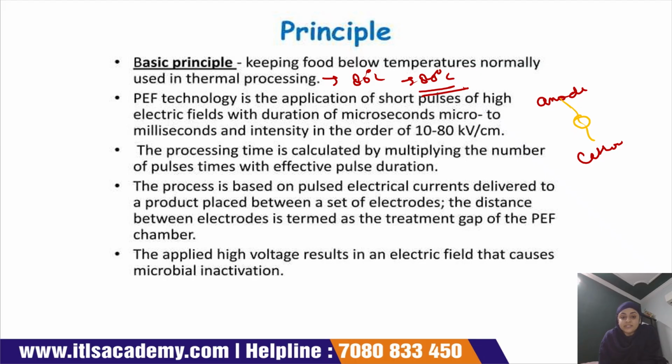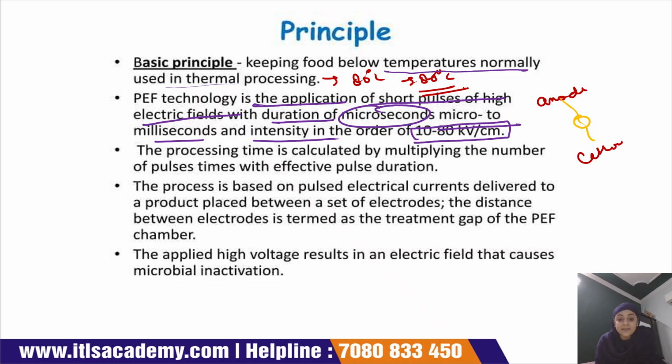Now see what is written here. Basic principle: keeping food below the temperature normally used in thermal processing. Pulse electric field technology is the application of short pulses of high electric field with duration of microseconds to milliseconds and intensity in the order of 10 to 80 kV per centimeter.